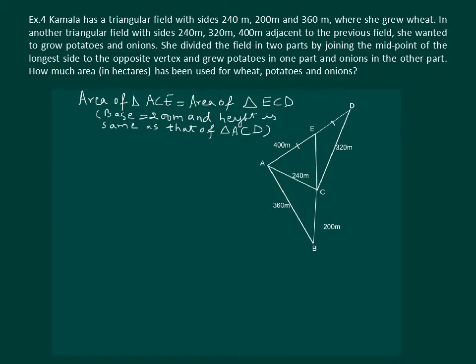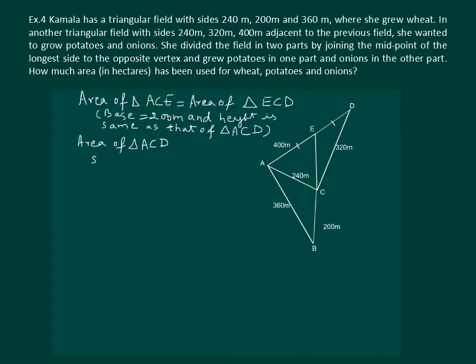So the two areas are same, hence we can also say that area of triangle ACD will give the sum of these two areas. Let us find the area of triangle ACD by Hero's formula.